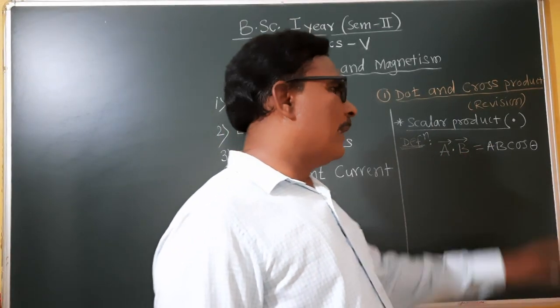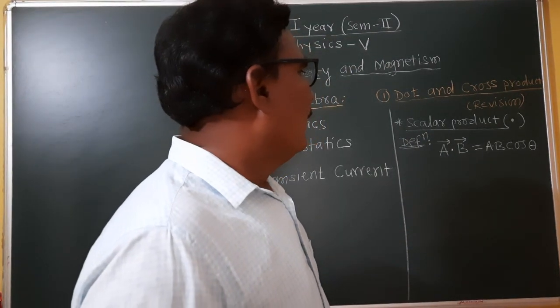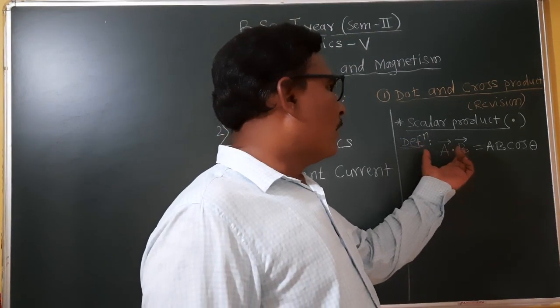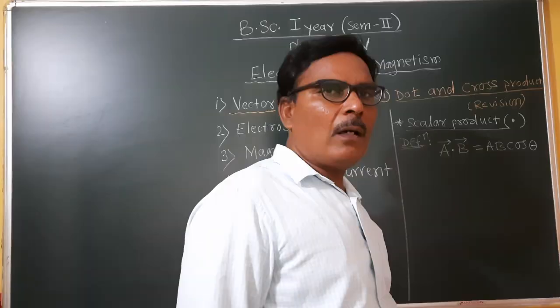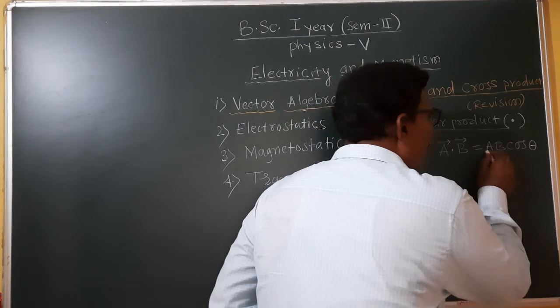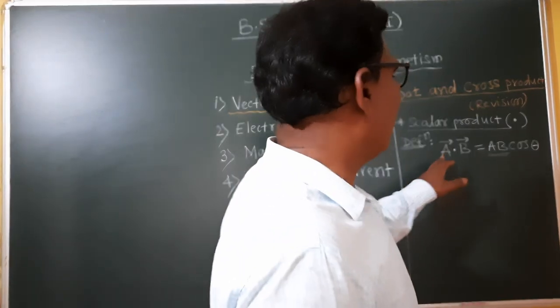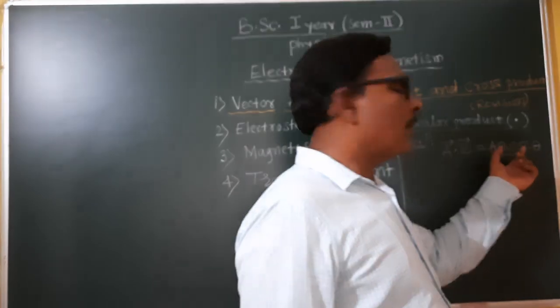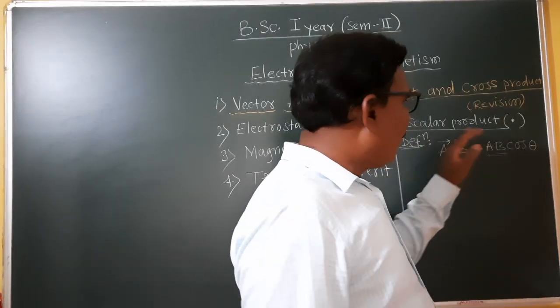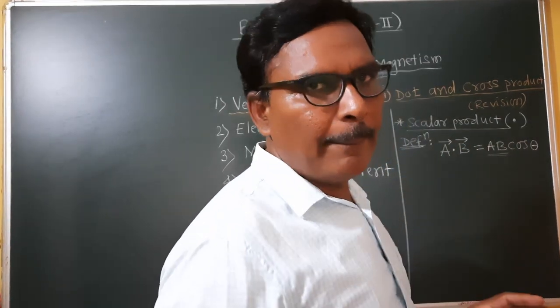That is, the scalar product of 2 vectors can be defined as the product of the magnitudes of the 2 vectors, A bar's magnitude is A, B bar's magnitude is B, and the cosine of the angle between them.